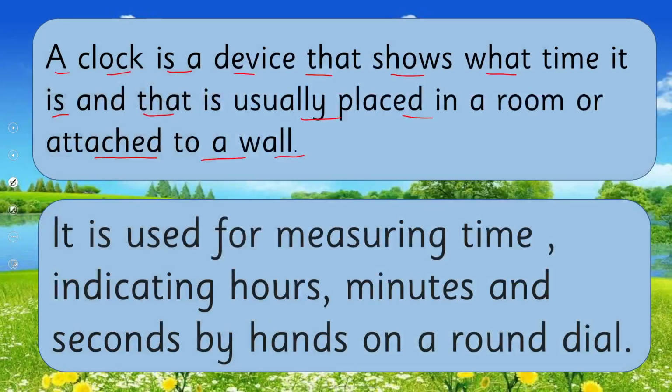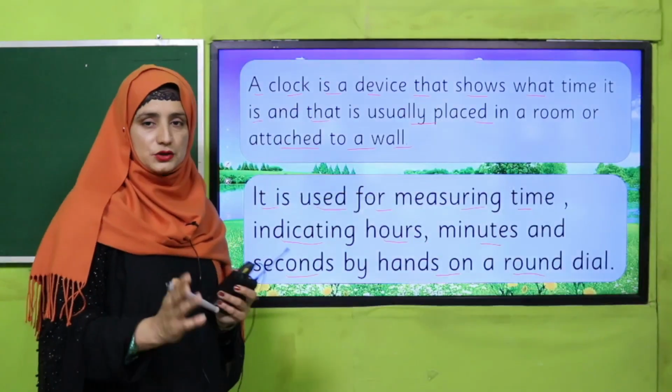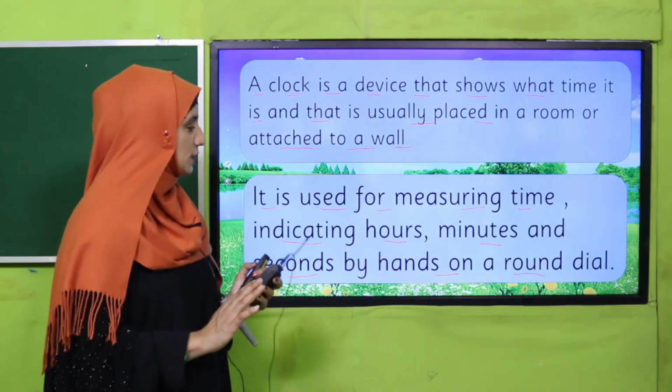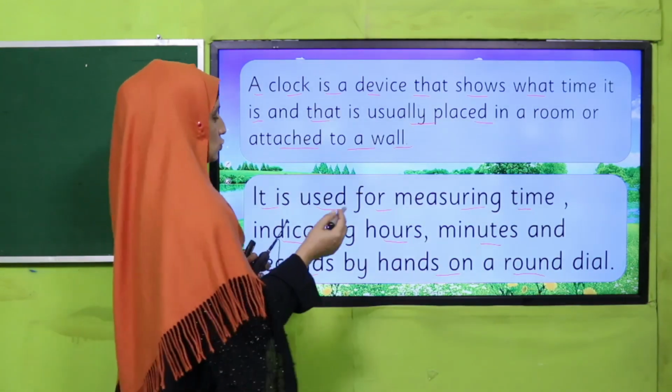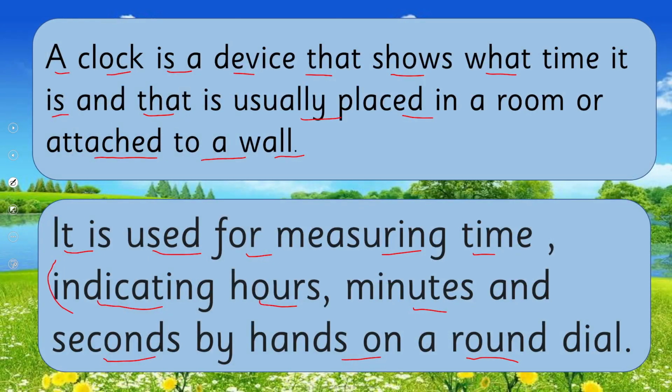So see, what is its use? It is used for measuring time, indicating hours, minutes and seconds by hands on a round dial. We have already seen that three hands are there. One is indicating hours, another minutes and the third one seconds.